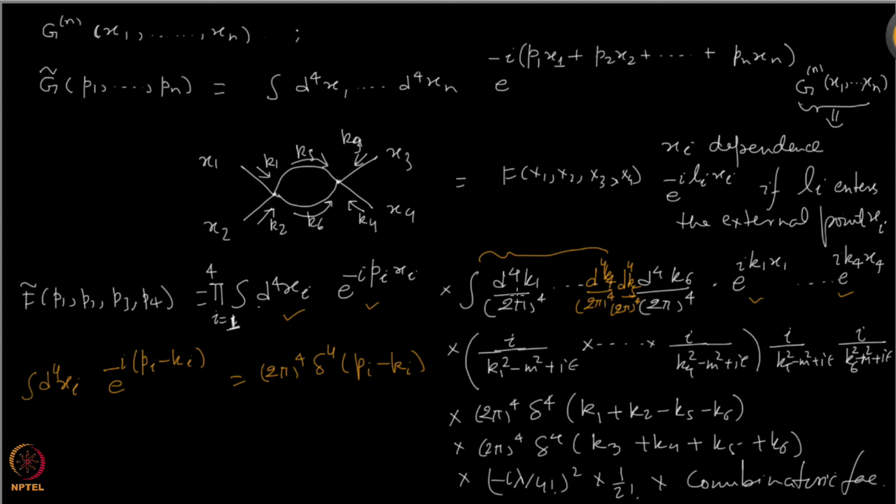So the (2π)^4s will also go away. So the answer will be this. I should start writing d^4 k5 over (2π)^4 and d^4 k6 over (2π)^4.